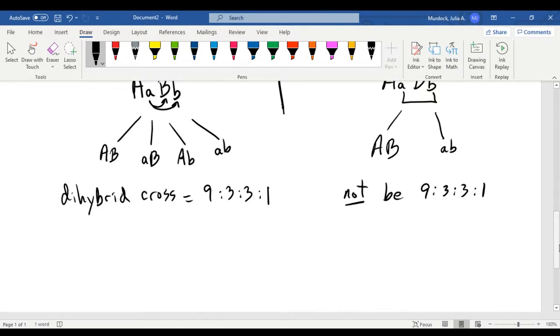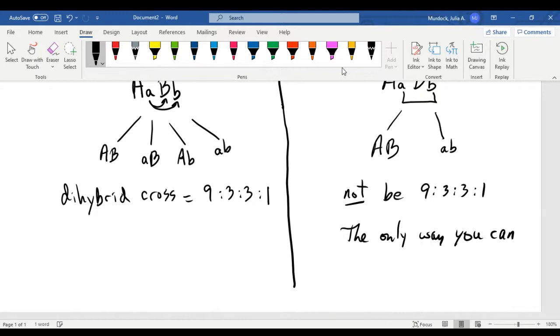Now, sometimes you do get a few of these. Let me just write it down. The only way you can get, and they call these recombinant gametes, right? Recombinant gametes, which would be little a, big B, or big A, little b, right?